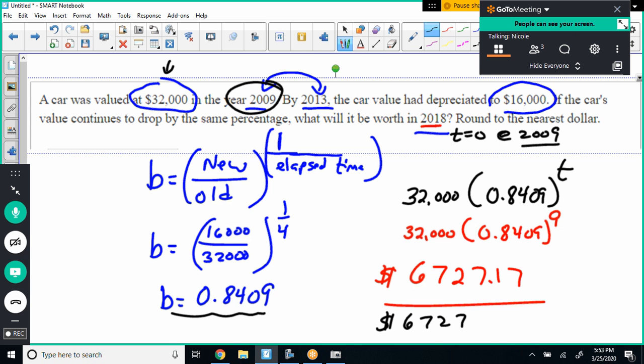Now hang on to this equation, because this little technique is not taught a lot.